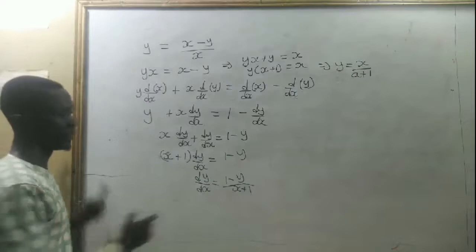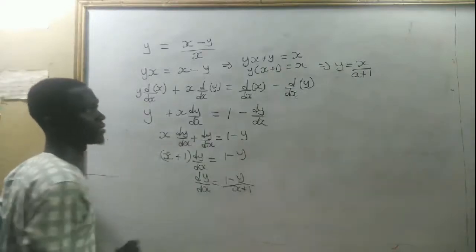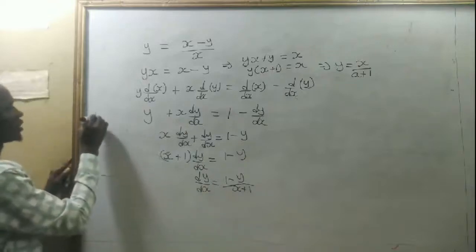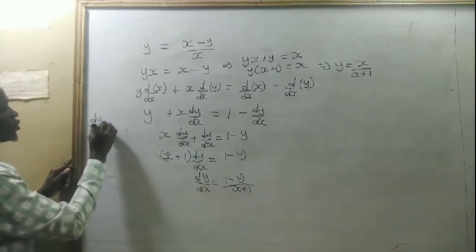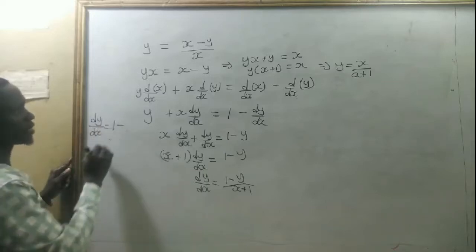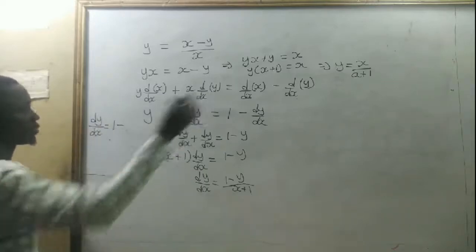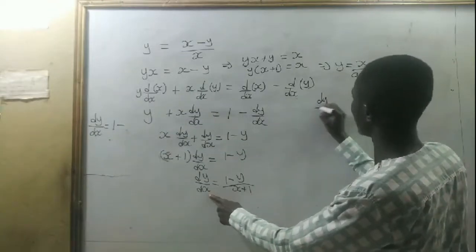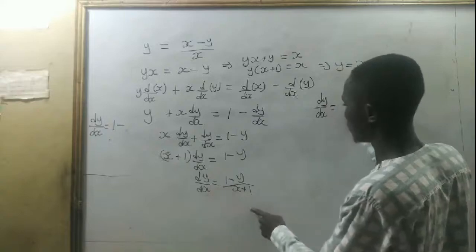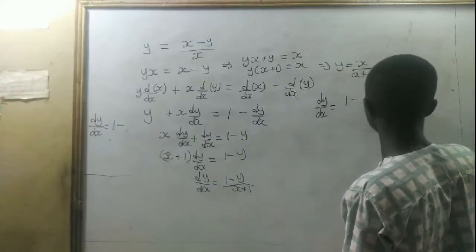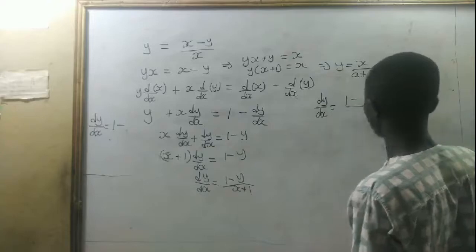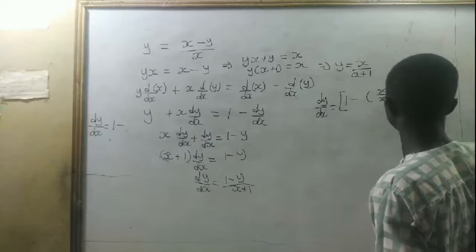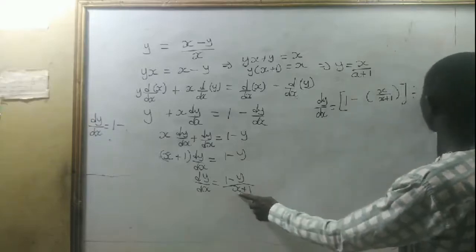Have you seen that? Whenever you find y here, we are going to put in x divided by x plus 1. So let's do that. We are going to have the derivative of y with respect to x equal to 1 minus x divided by x plus 1.